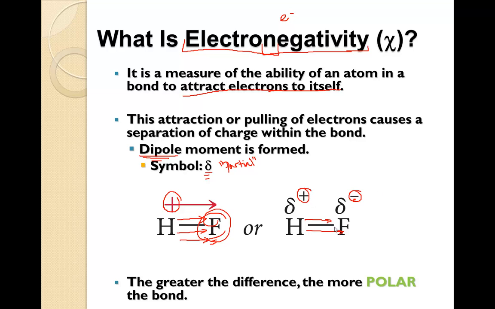And that's why we use this sign for partially negative. And what's happening then to the hydrogen is because the electrons are drifting from the hydrogen towards the fluorine, this leaves this to be partially positive.